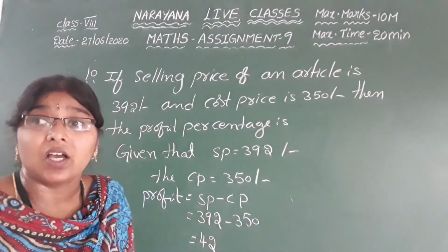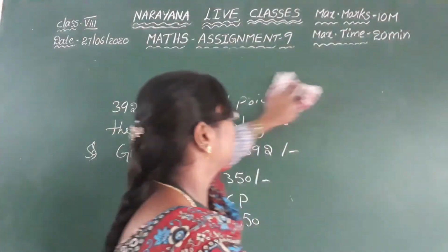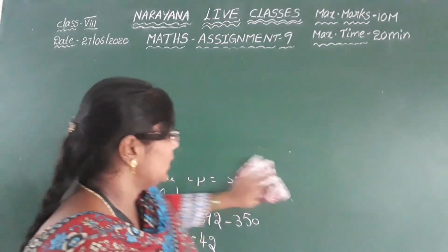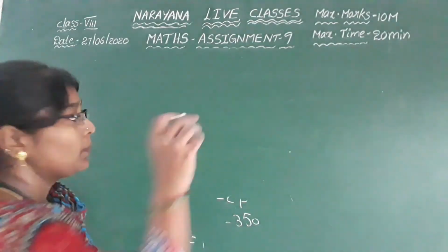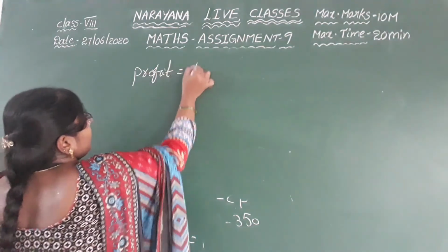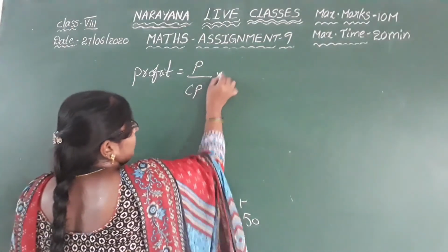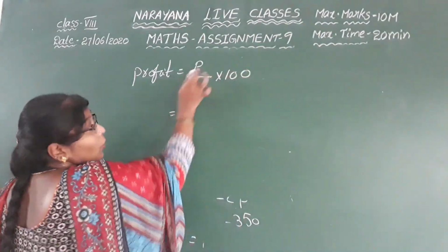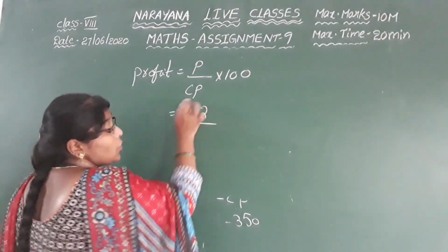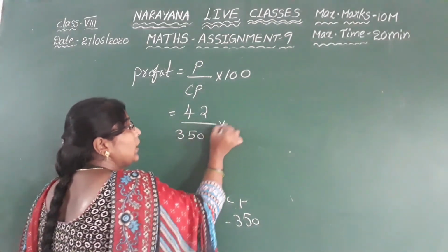Here we calculate the profit percentage. Profit percentage is equal to profit by cost price into 100. Here the profit we got is 42, by cost price 350 into 100.